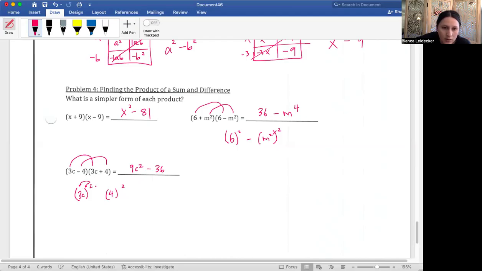And then your 3 squared is 9. c squared is c squared. 4 squared is 36. Wait, it's not 36. It is 16. That's what I meant to write. 16. So maybe checking your work is a good idea, right? Because I'm looking at this, I'm like, 4 squared is not 36. It is 16. I must have looked at the 36 from up here.